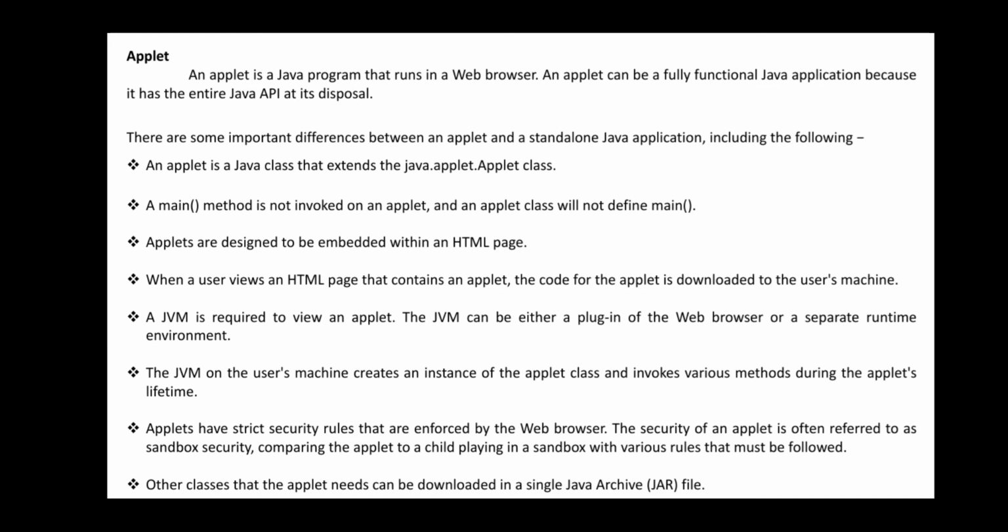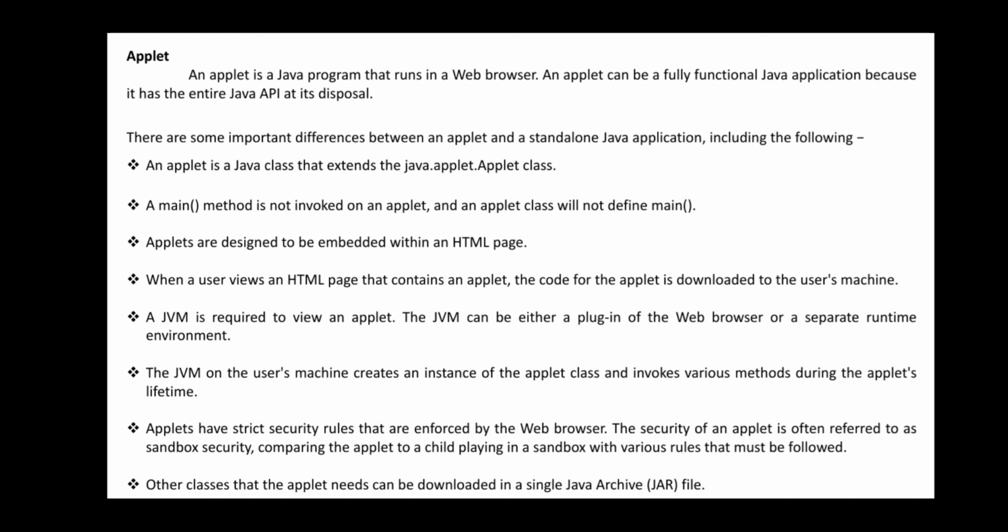So normal Java programs will not extend anything, unless there is a need of a thread or a need of inheritance, at that position you extend one or another classes. Normal applications are not going to extend anything, but here a Java applet compulsorily extends the applet class.